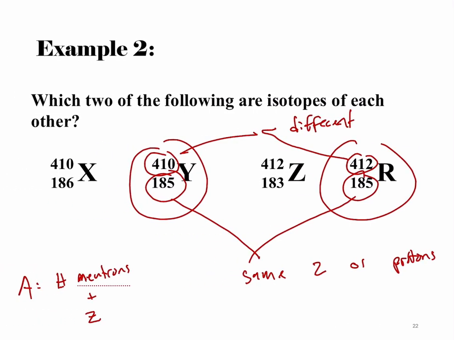What are the top and bottom numbers? All right, so the way it worked was if this is our symbol, we have A and Z. This was our atomic number, and this was our mass number, in this notation when we're writing it like this.